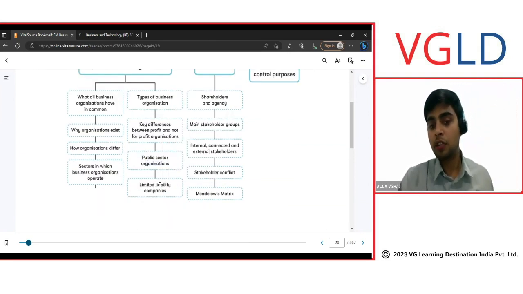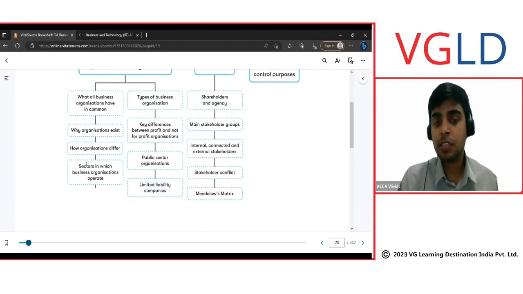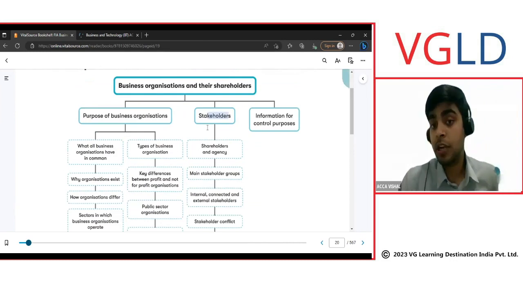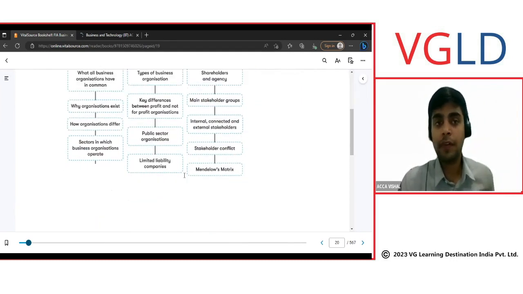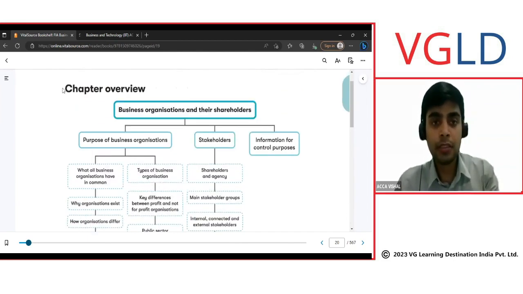I'm not sure whether you are familiar with these words, so I'll help you with those. Then what is a stakeholder, the shareholder and stakeholder agency relationship, and the main stakeholder groups. All this we'll be covering here.